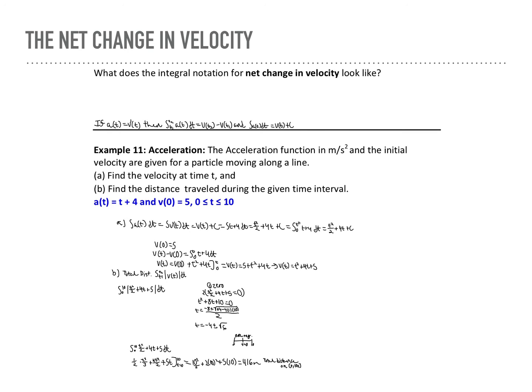Then we'll find the total distance, which again we just plug in the values and we get negative 4 plus or minus the square root of 6. And the total distance traveled would be 416 meters.